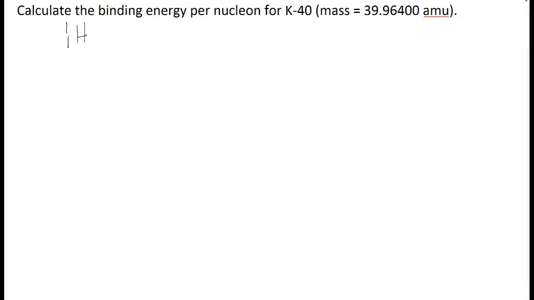So that is how a proton and electron are represented. Then you also have to include the neutrons, so they're represented like that. So you're saying that protons and electrons plus neutrons will give you your potassium-40 nuclide or isotope.